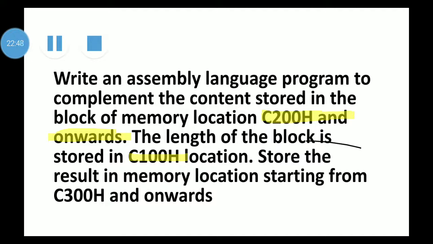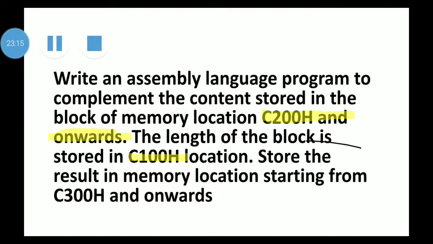The length of the block is stored in C100H, since we have not been given the length. The result will be stored in memory locations starting from C300H and onwards. Whatever is the location of C200 and the ending location, suppose C204.